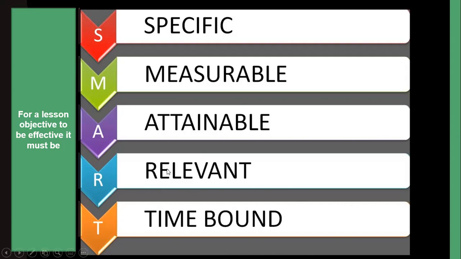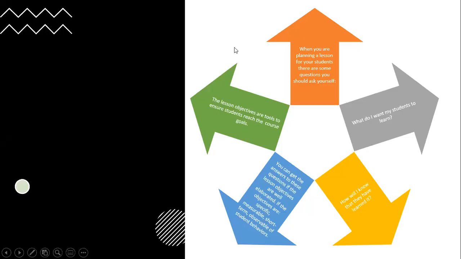Then that's what it's, relevant. And time bound, obviously, if you say at the end of the lesson, the students should be able to apply what you said they were going to do. If you check this slide here, when you're planning a lesson for your students, there are some questions you should ask yourself.